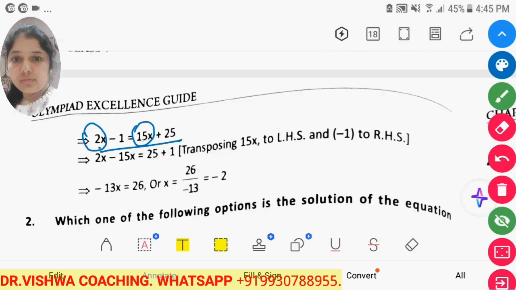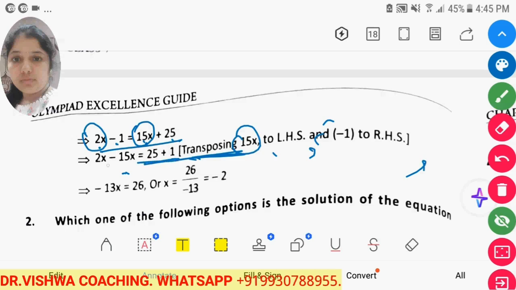When this 15x comes to the left hand side, it becomes negative, so 2x minus 15x, and 25 when it comes to the other side becomes positive 25 plus 1. So we transpose 15x to the left hand side and minus 1 to the right hand side.